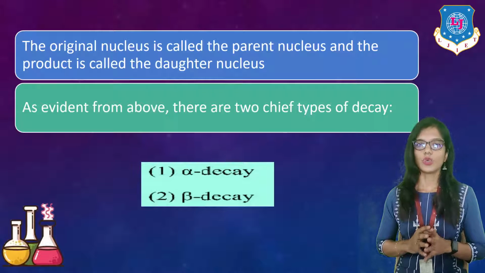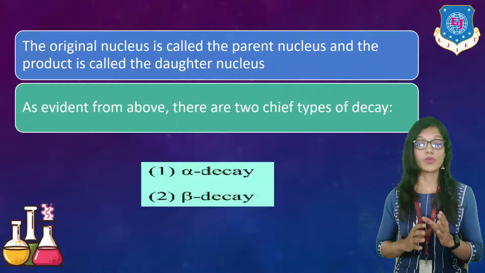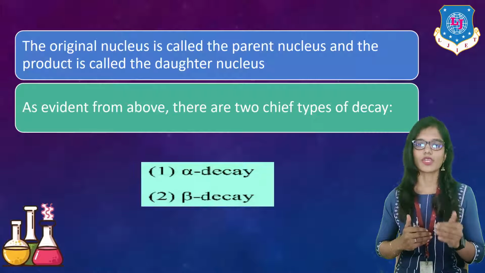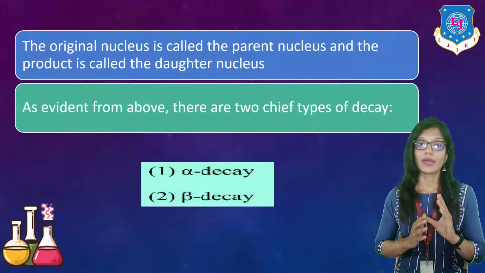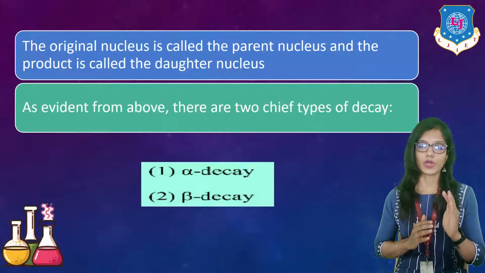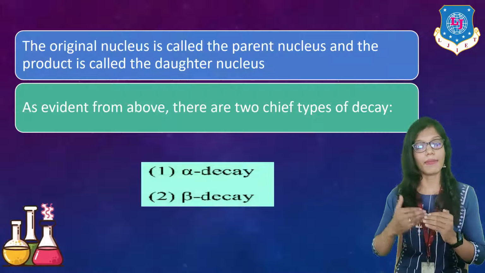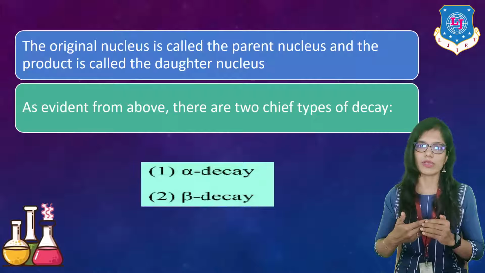The original nucleus is called the parent nucleus, which becomes unstable, and the product is called the daughter nucleus. The first nucleus, which becomes unstable and shows radioactivity, is known as the parent nucleus.